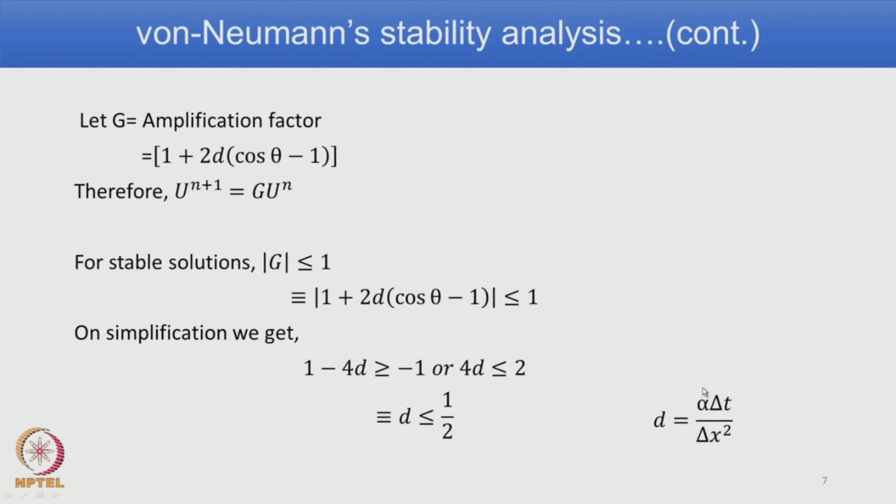So, we do not have much choice on alpha, whereas delta t and delta x are coming from discretization, and there we have control. So, you can adjust delta t and delta x in such a way that d is less than or equal to 1 by 2, in order for the scheme that you have chosen, that is forward in time and centered in space, for that model equation and solution to be stable. One has to satisfy the condition d is less than or equal to half.